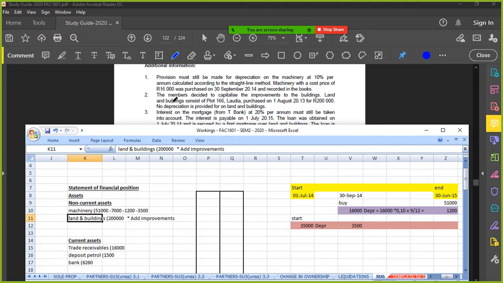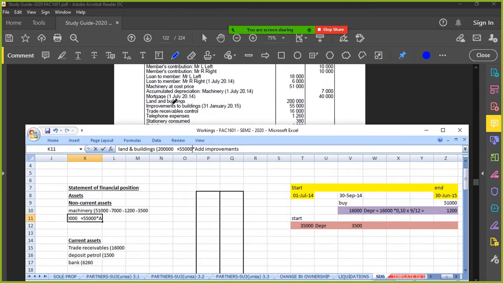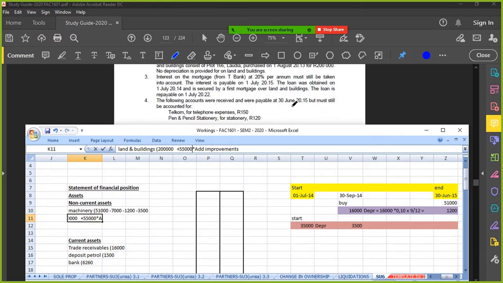Before they just kept it separately. Because they've agreed on capitalizing it, you are going to have to add it. So add the improvements, 55,000. Is that all right? Yes. The purchase took place long ago, so it's going to be part of the balance anyway. What is the land and buildings balance? 200,000, so we've got the 200. That's the history, that's the past. Okay, next.